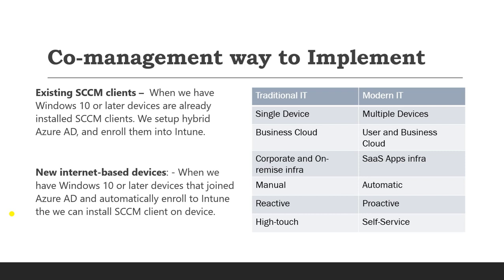I can say traditional is relevant to SCCM and modern IT is relevant to Intune. In the traditional way we were managing corporate and on-premises, but in the modern SaaS infrastructure, Intune is a software as a service application.